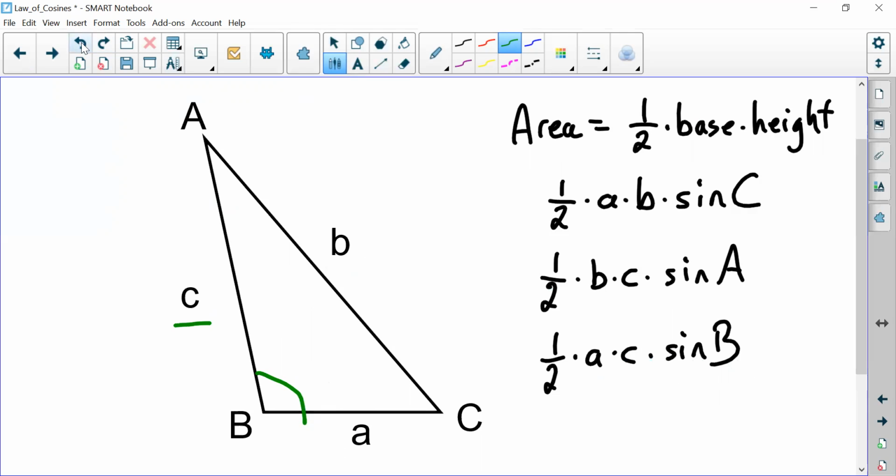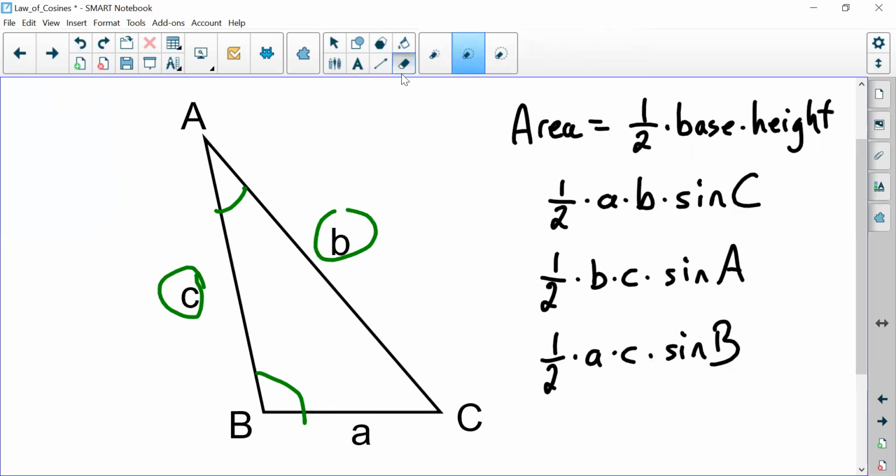So half times base times, okay, so A times B times sine of C, really just think of it as a side, an angle, and a side. If you ever have a side, angle, side, you can find the area of that triangle. It would be 1/2 times this side, times this side, times the sine of this angle.